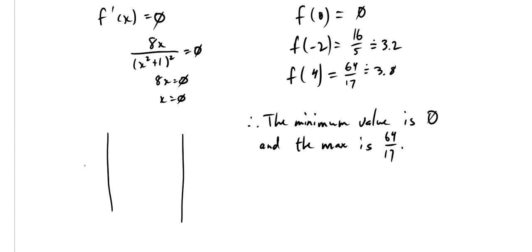We know it's a turning point. Let's see. The -2 value was about here, let's say. And then the 4 value was a bit higher, so it came down and turned somewhere and went back up. Any questions?